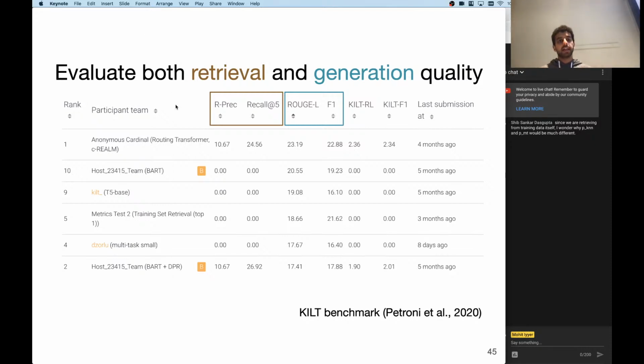And then you can measure how well a trained retriever retrieved those particular documents. The generation quality, so how good was the answer, is measured through the Rouge score, which we saw earlier in the semester as a method to evaluate summarization systems, right? It's basically the recall variant of the blue score.